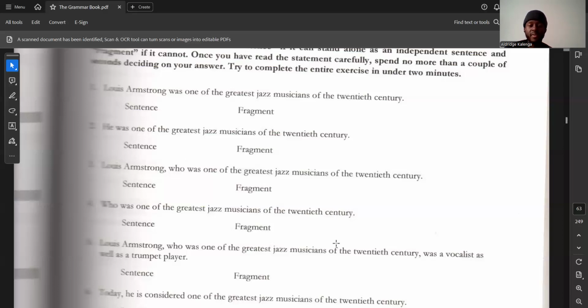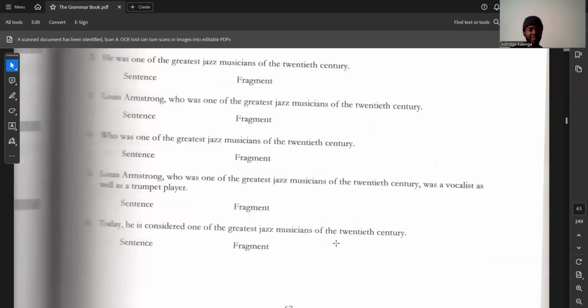If it doesn't have a question mark, it is a fragment, because it's who was one of the greatest jazz musicians of the 20th century. You're going to say, what are you saying? Because this person is not asking you, this person is just telling you, but that's not even grammatical. So it has to have a question mark for it to be okay. If it doesn't have a question mark, it's a fragment.